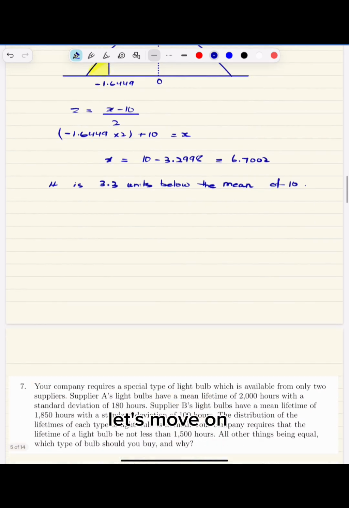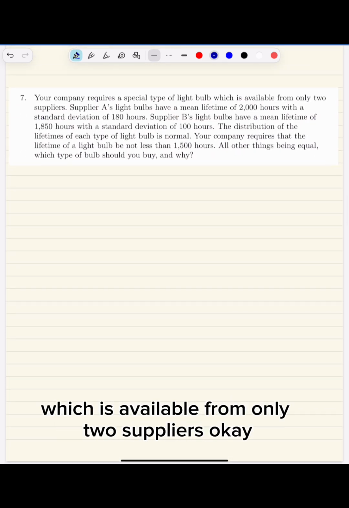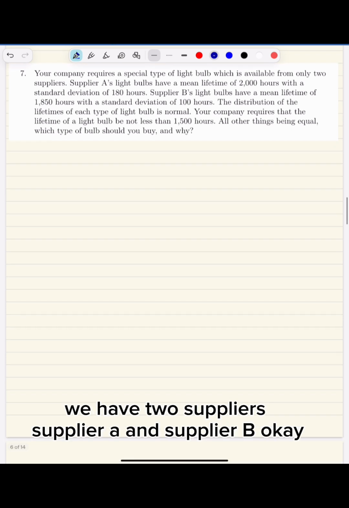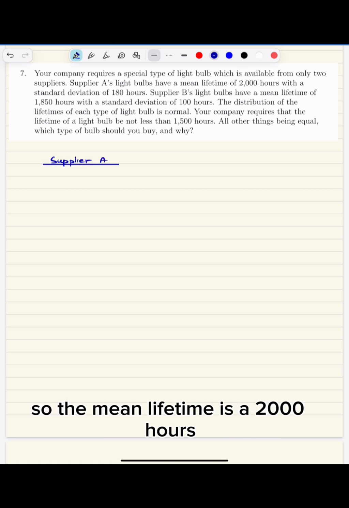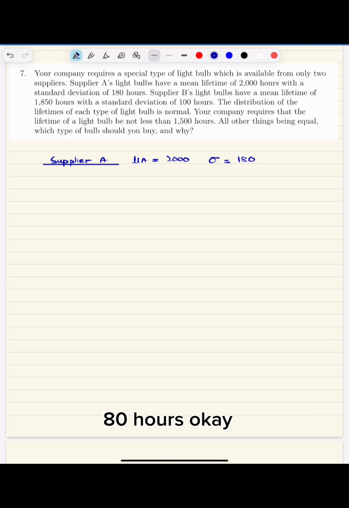Let's move on. Your company requires a special type of light bulb which is available from only 2 suppliers, supplier A and supplier B. The mean lifetime is 2000 hours and the standard deviation is 180 hours.